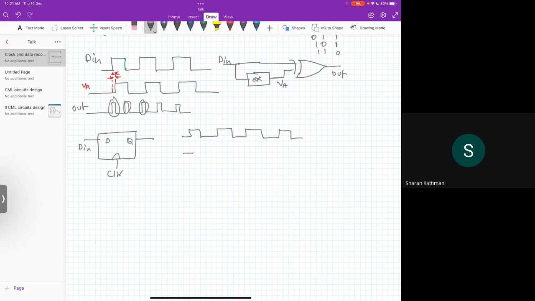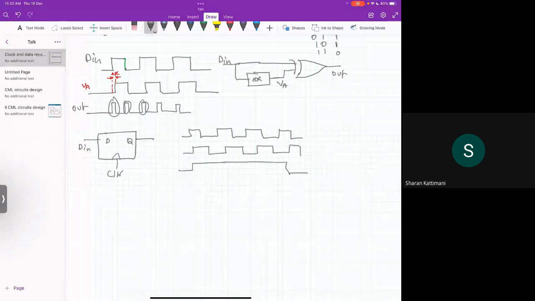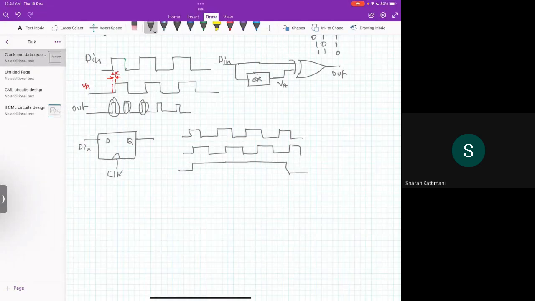If this is coming, then the output will be based on the data. I have taken something like this. So this is one of the ways of getting the delay.